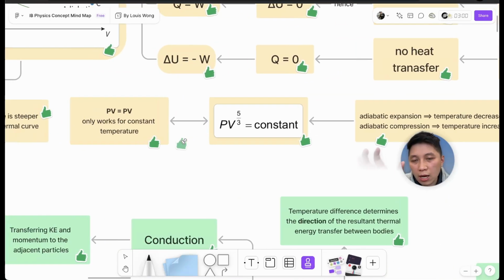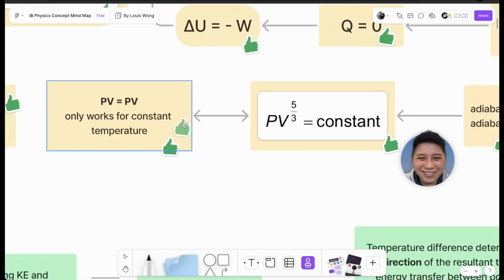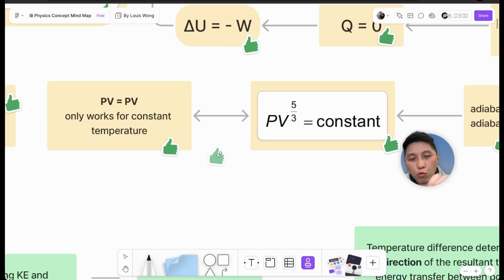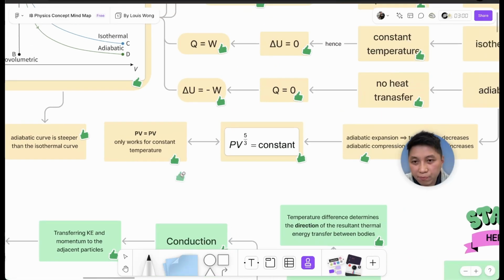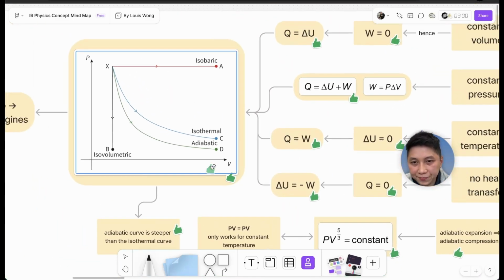So these two equations will never work together. If you have an adiabatic situation, use the one here. If you have constant temperature, use the one on the left. However, remember the ideal gas law still works. So PV equals nRT still works in both situations.